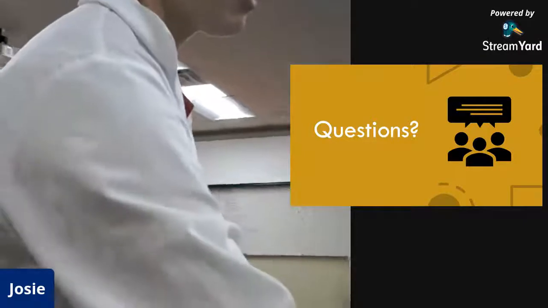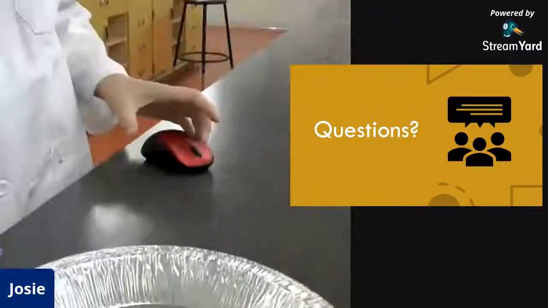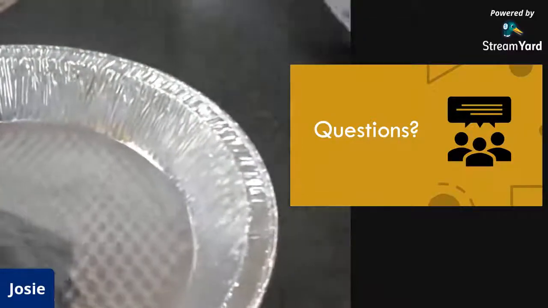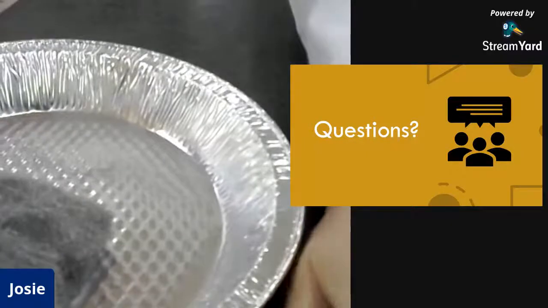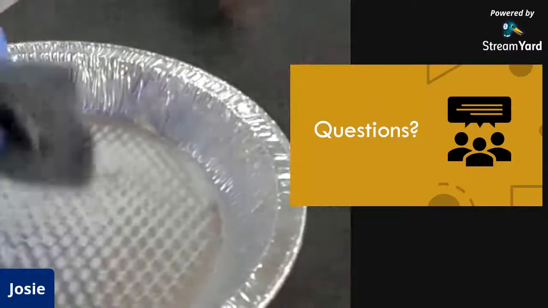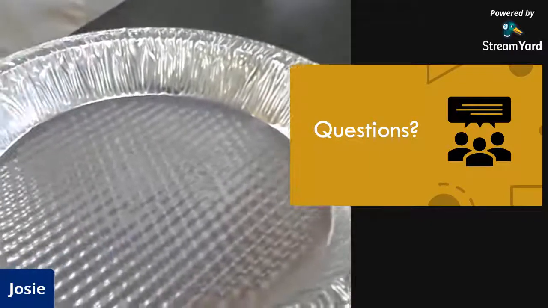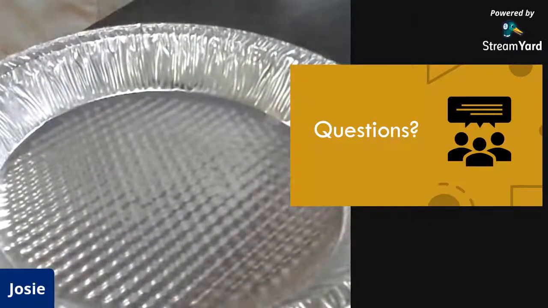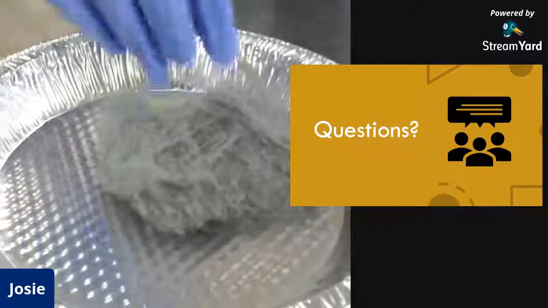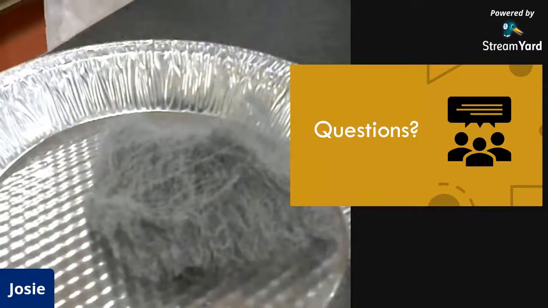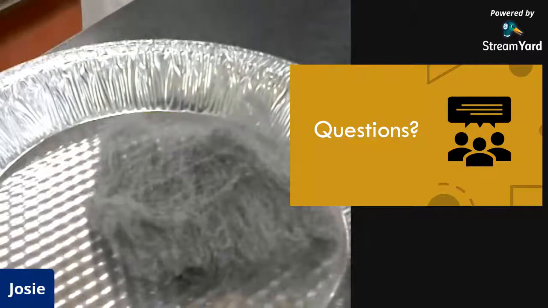So we're just gonna angle the camera down again. Going to pull the steel wool apart. Okay. I'm going to take the glove off just so it's a little easier to do. See what I'm doing?